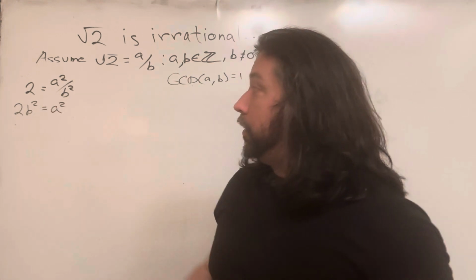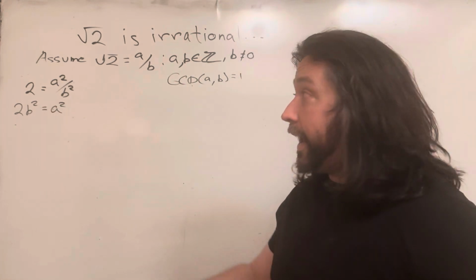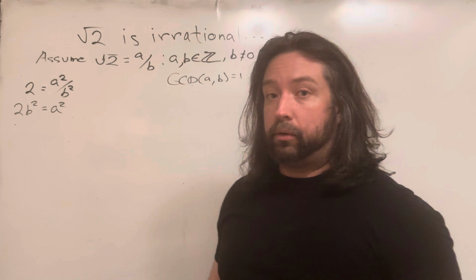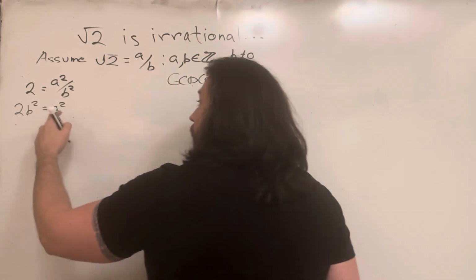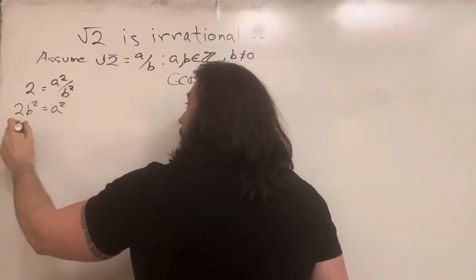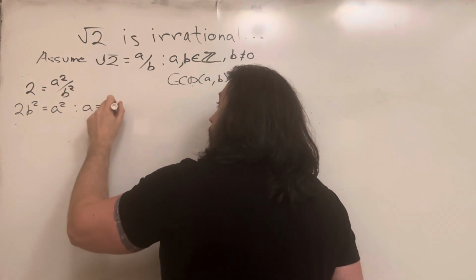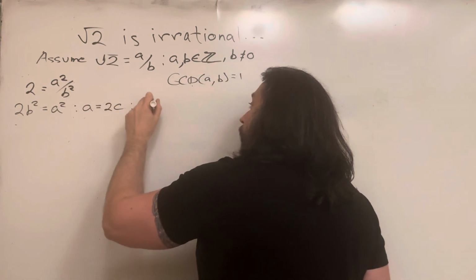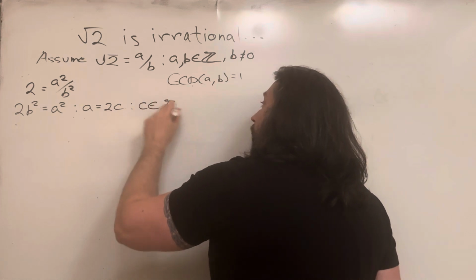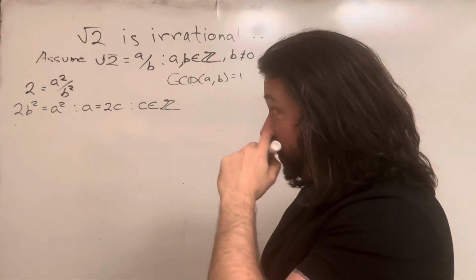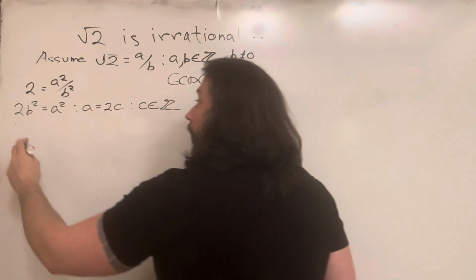If a squared is divisible by 2, then a has to be divisible by 2, right? And so this means that I can write a as equal to 2 times c, such that c is an integer, right?